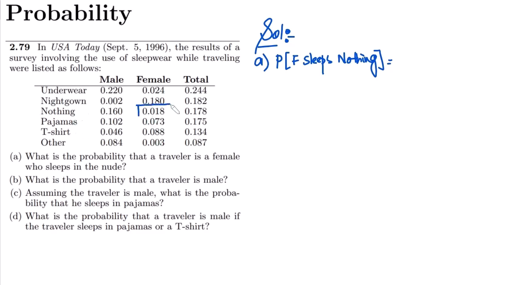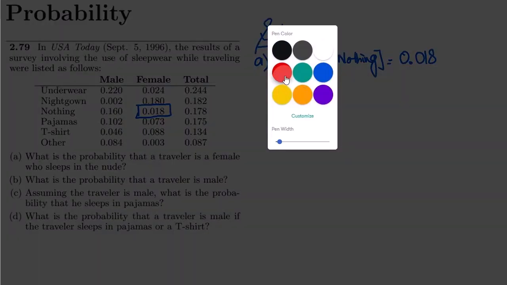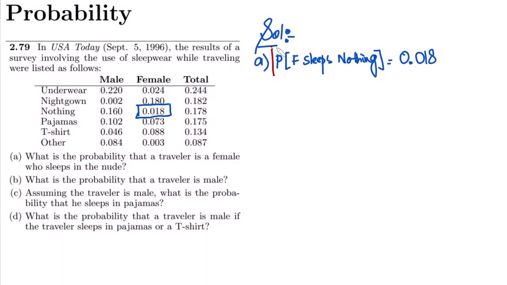This is for the nude. So here we can see the entry where they cross. Now the probability it has is 0.018, and that is basically the solution of part A which we wanted to find.